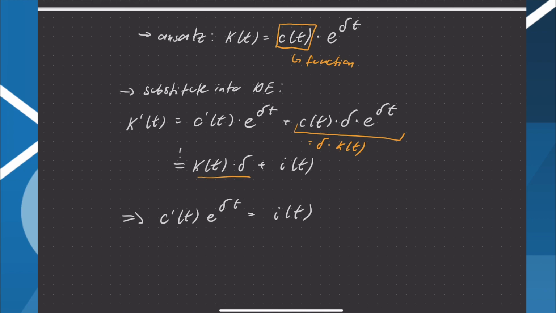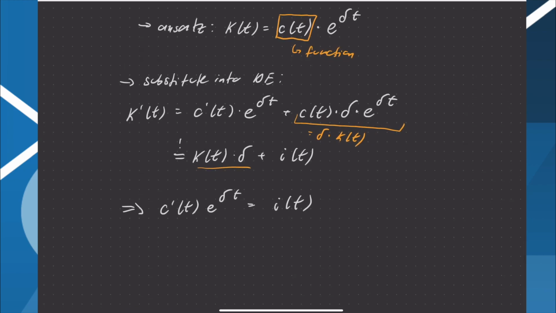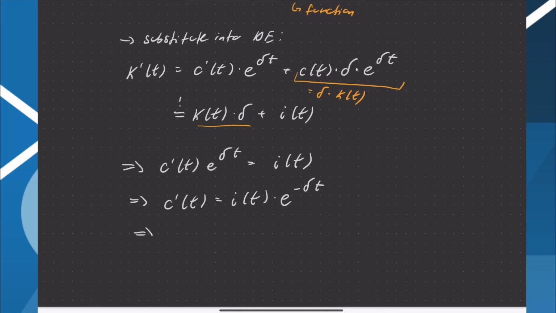And now we can just solve this for c. So that means c prime first. C prime is then I of t times e to the minus delta t. And that in turn means c of t is the integral over this expression, I of t times e to the minus delta t dt.